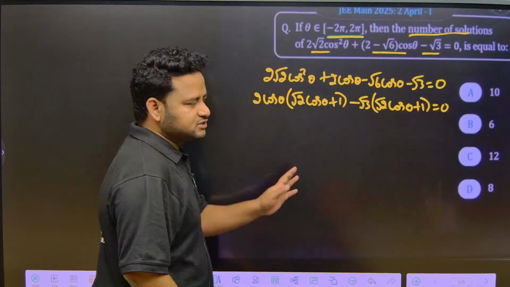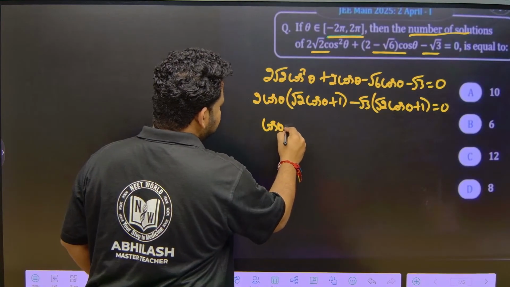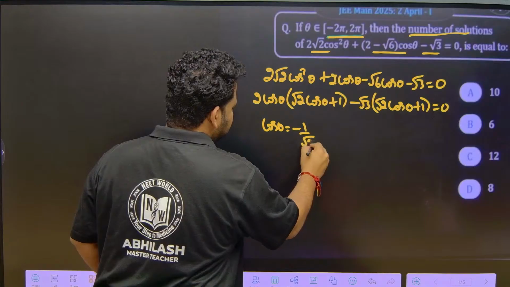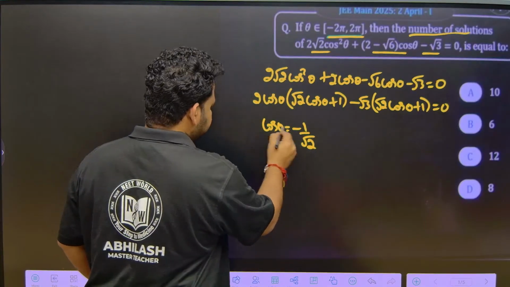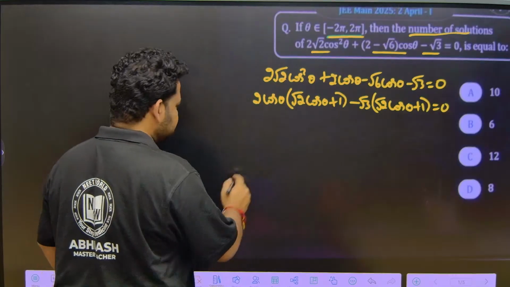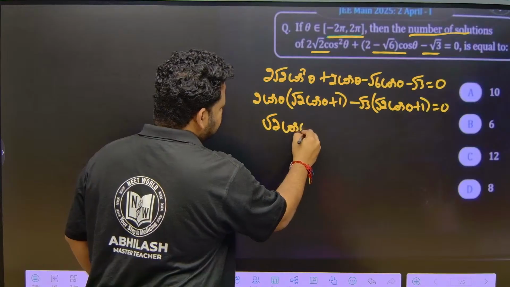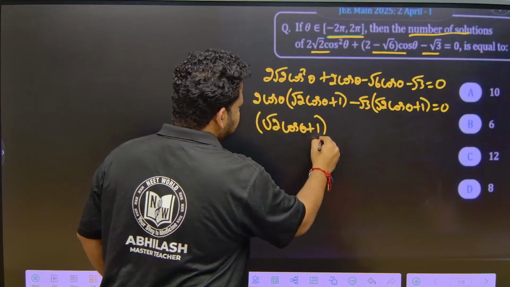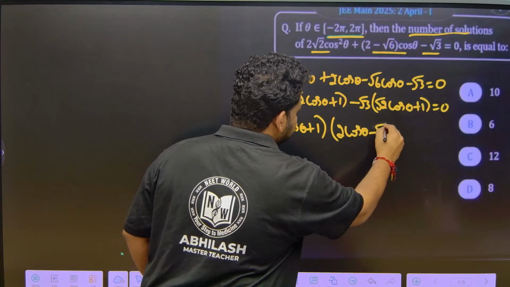This gives us cos theta is equal to minus 1 by root 2. Let me write one more step for your understanding. This will become root 2 cos theta plus 1 into 2 cos theta minus root 3 is equal to 0.